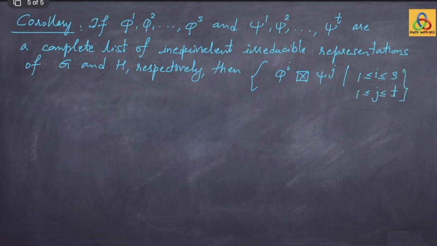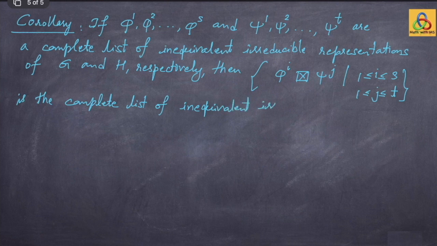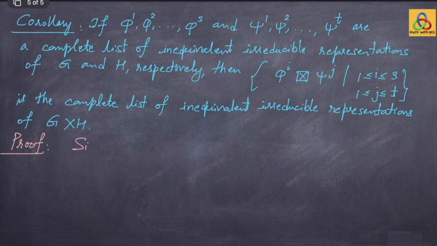This is a complete list of inequivalent irreducible representations of G times H. In fact, it turns out that every irreducible representation of G times H arises in this fashion. Let us prove it.